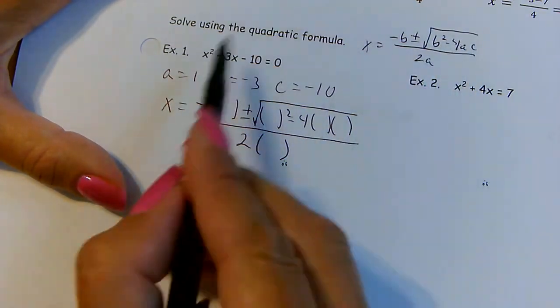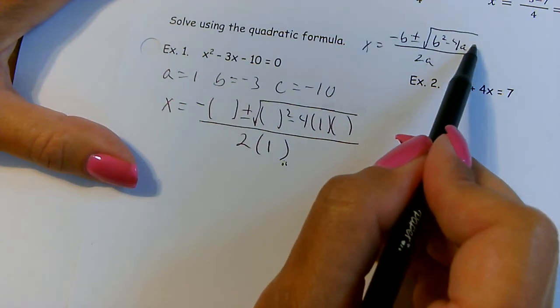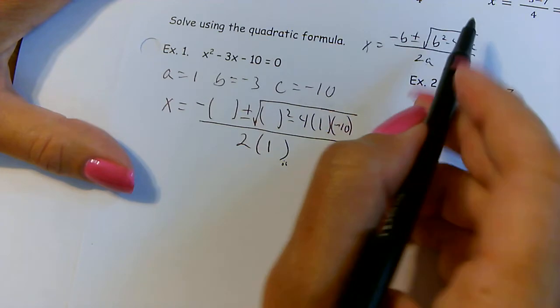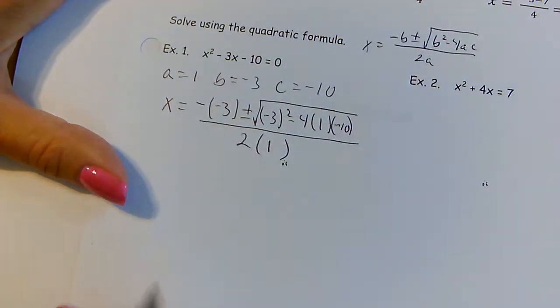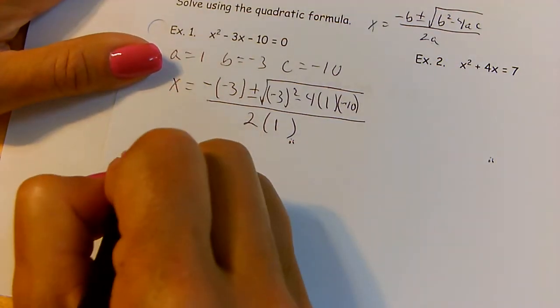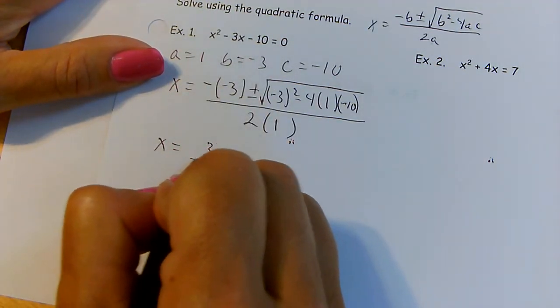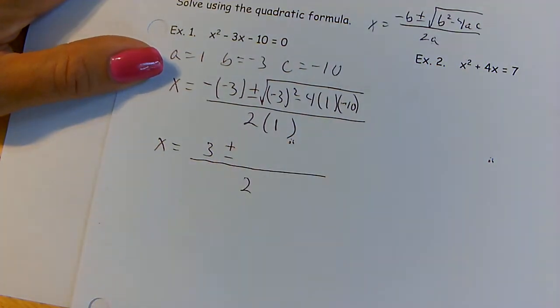So a's are here, and it's 1. c is just here, -10. b's are here, -3. So these two negatives will turn positive, all over +2, both the plus and the minus.